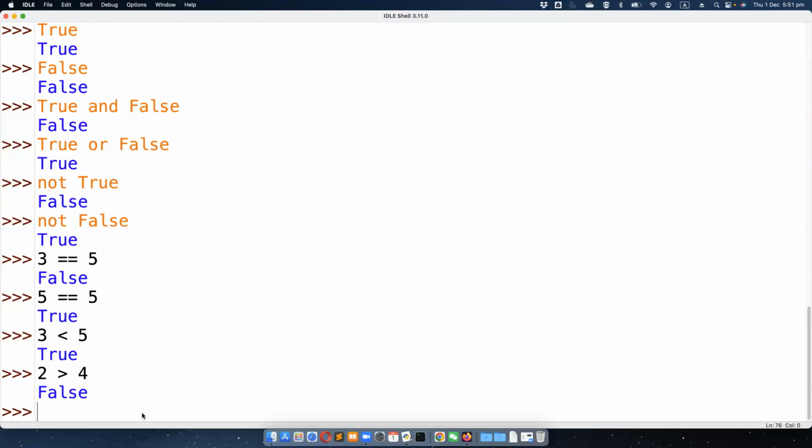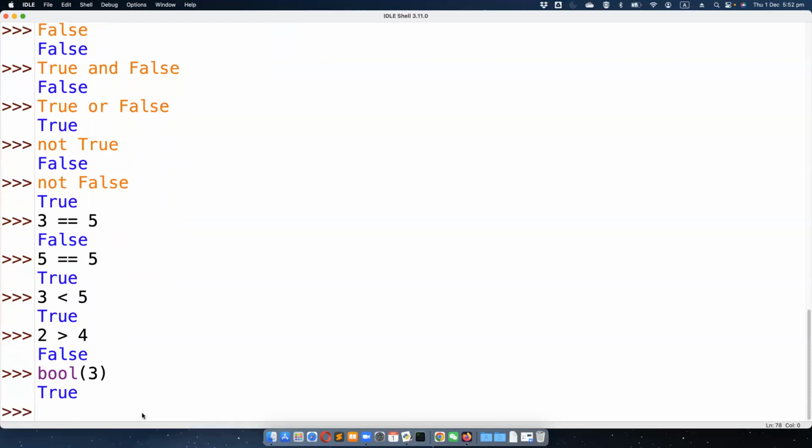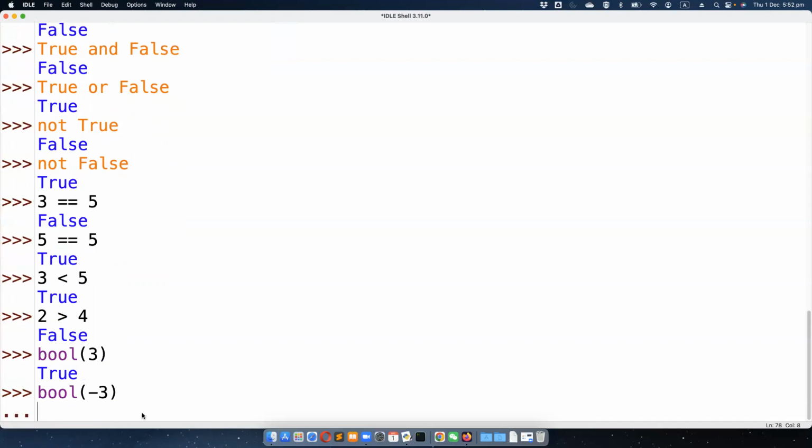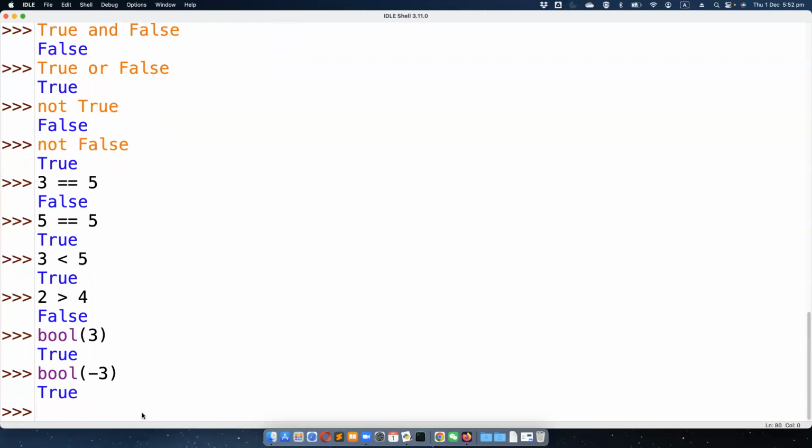And we also use Python's built-in bool function. Okay, we can just feed it any value like 3. This will produce True. And for bool(-8), -3, it will produce True as well, not False because it's a minus number. So when will bool produce False?